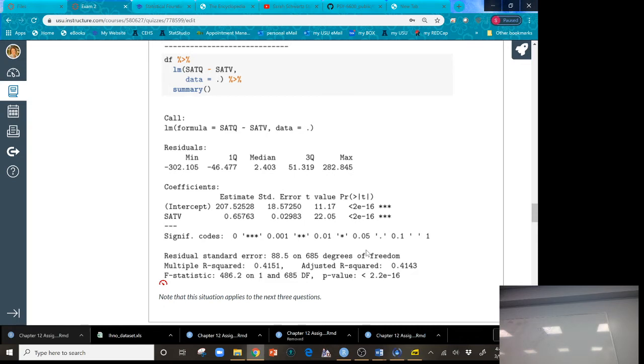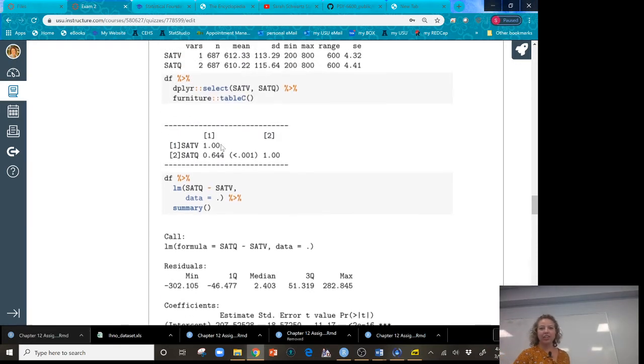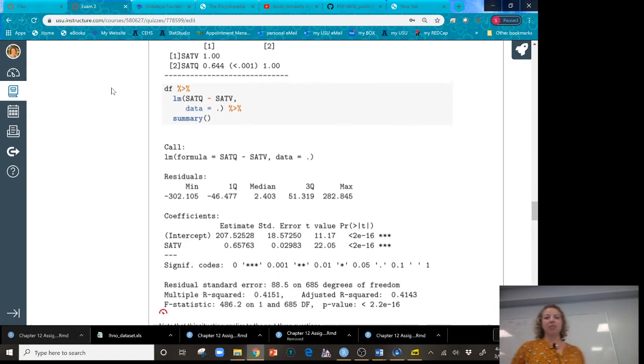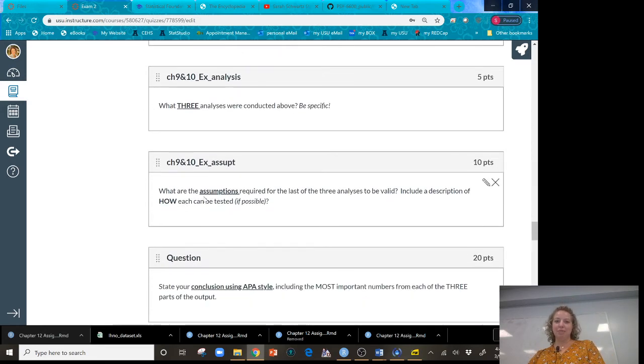For each point higher someone has a verbal score, their quantitative is 0.66 higher. If we look at the correlation, it's 0.64. It's moderately strong. There's pretty good correlation between the two. Got the averages up there. There's a lot of different ways you could write that up. I get to read them all.